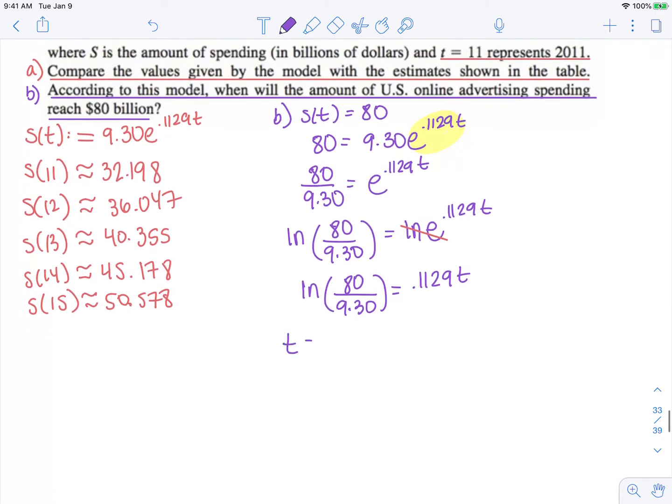So to isolate t, I'll divide by that decimal: ln of 80 over 9.30 divided by 0.1129.